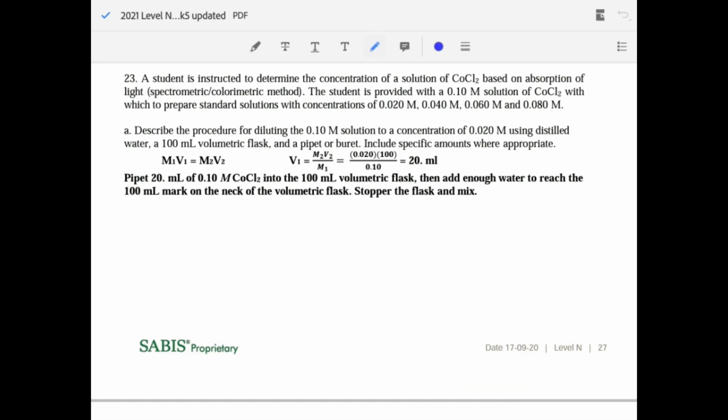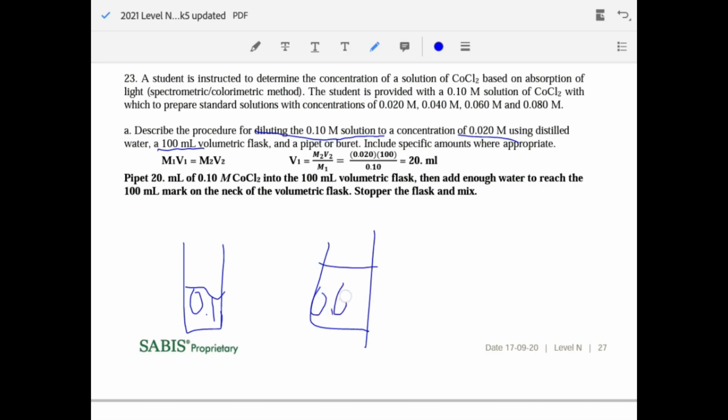So let's start with the letters, A, B, C. For A, it asks how do you get a concentration of such and such. This is basically just a dilution question, for diluting the 0.1 to 0.02 using distilled water. So you have 0.1 whatever, and then you have to dilute it to 0.02 whatever, it doesn't really matter, but the volume.